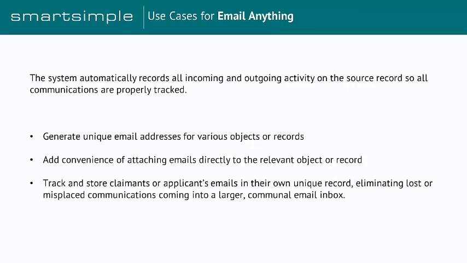By doing this, we have the convenience of attaching emails directly to the object. In this way, we can store and track all the applicant communication done to that particular record, and that eliminates the possibility of losing any communication that was done.